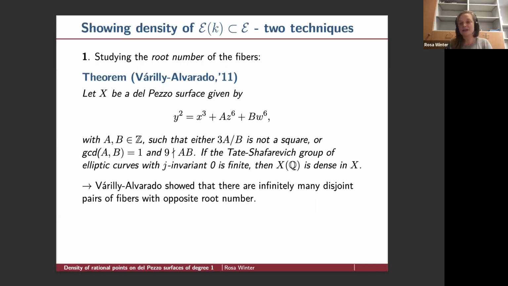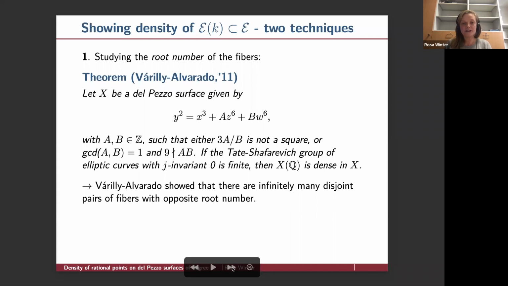Of course, this means that there's infinitely many fibers with root number -1, so infinitely many fibers for which the rank is positive, because we assume that the Tate-Shafarevich group is finite, so the parity conjecture holds, and root number -1 implies positive rank. So this is the root number approach.